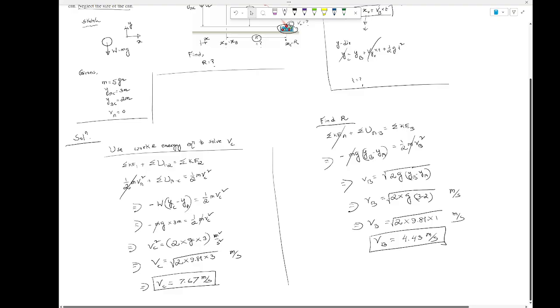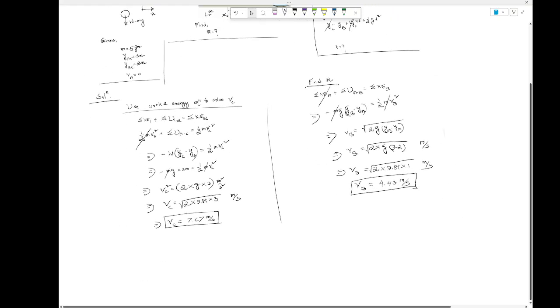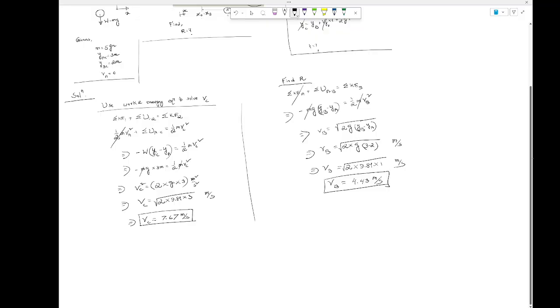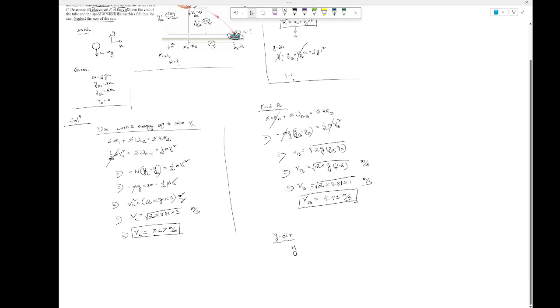All right. And then I already explained all the strategy, right? To find R, you've got to use this equation R equals x0 plus VB t, but before you do that, let's write the y direction equation. Which would be YC equals YB plus VB y0 multiplied by t, plus half of g t square.